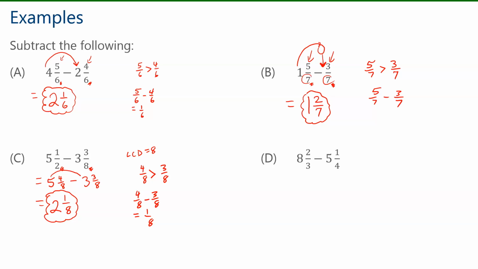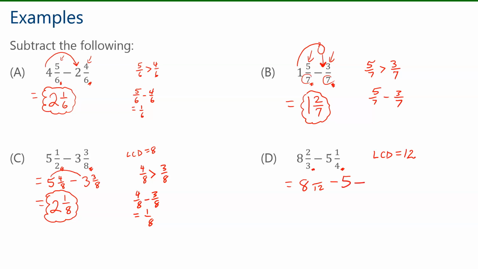In D, we look at our denominators of the proper fractions first. 3 and a 4. They're different. We need to get them the same. So what's the LCD for 3 and 4? Well, the LCD for 3 and 4 is 12. So I'm going to rewrite the first mixed number. I need to get the proper fraction with a denominator of 12.